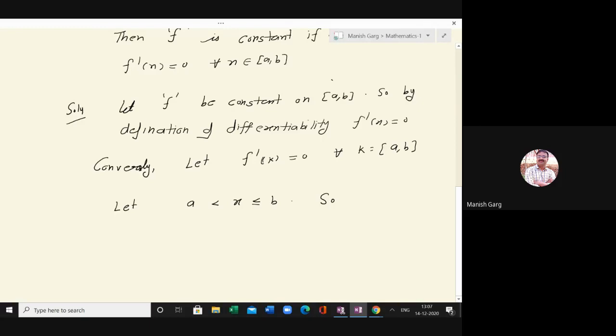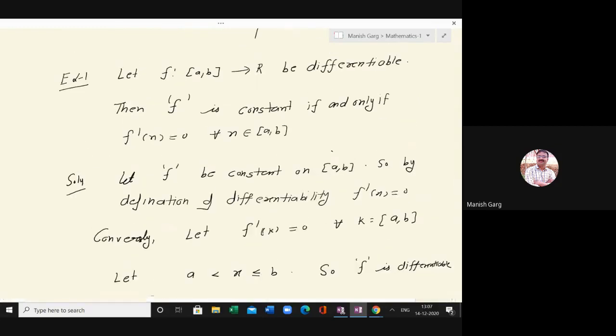So f is differentiable on a, x, because it is given that f is differentiable on AB.